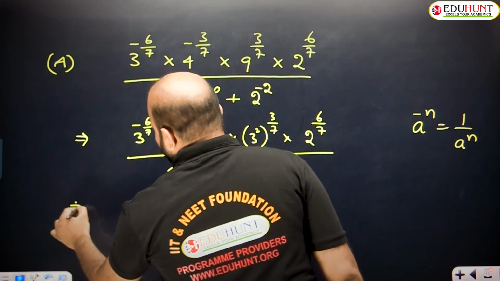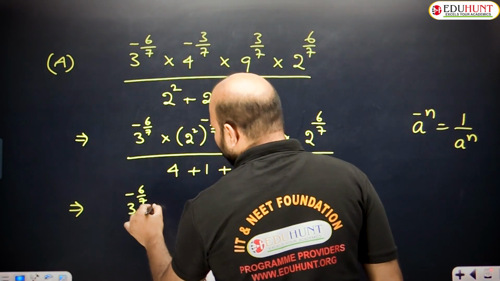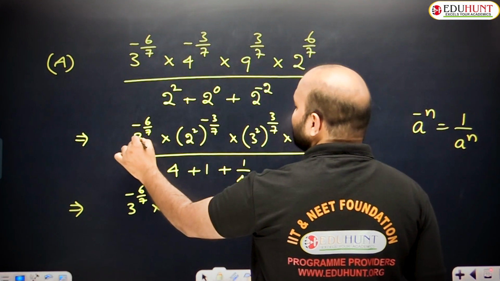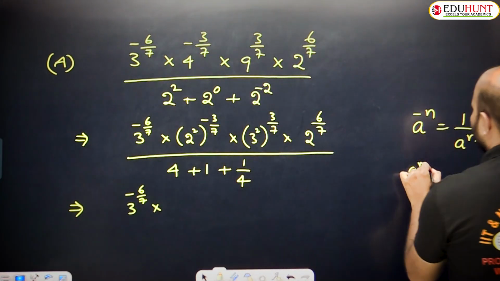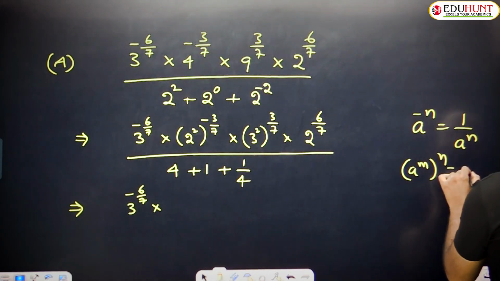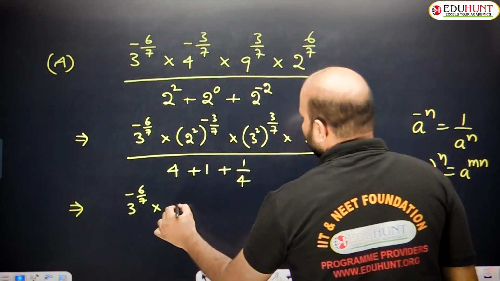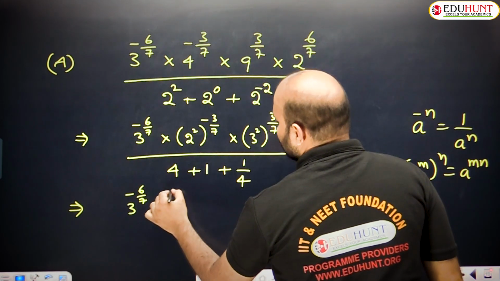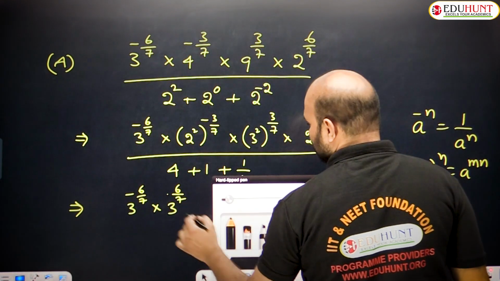So again it can be written as 3 power minus 6 by 7 into 3 square, whole power 3 by 7. Here a power m whole power n can be written as a power m into n. So 3 square whole power 3 by 7 can be written as 3 power 6 by 7. Am I clear?